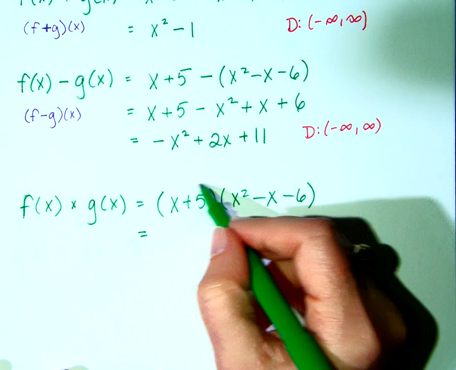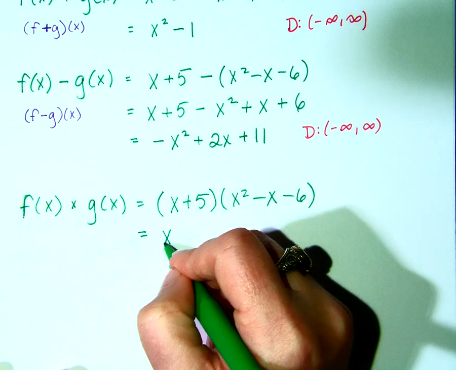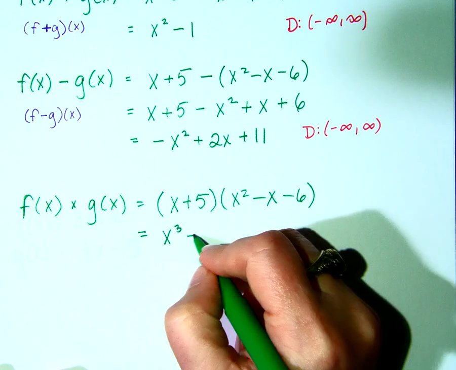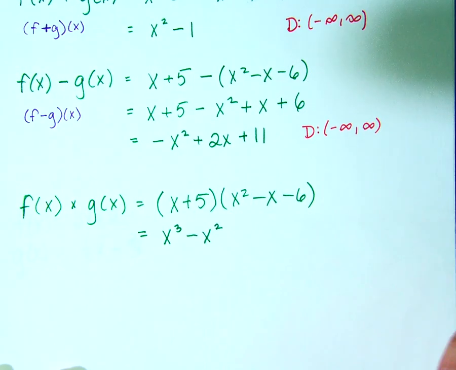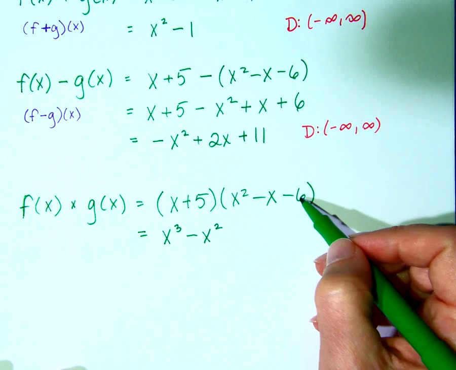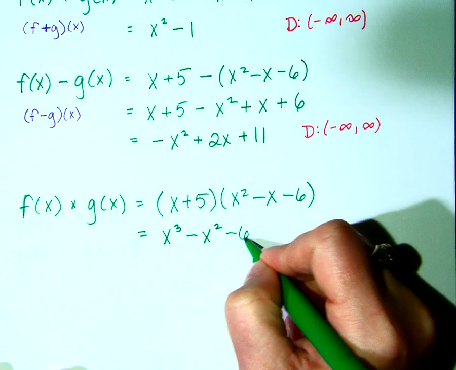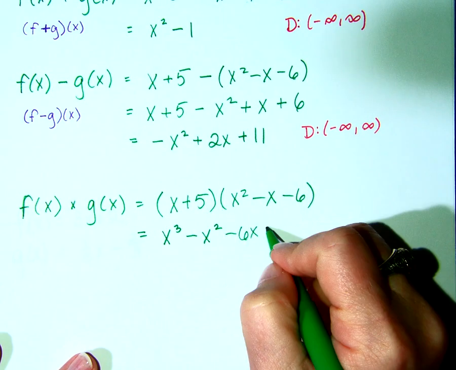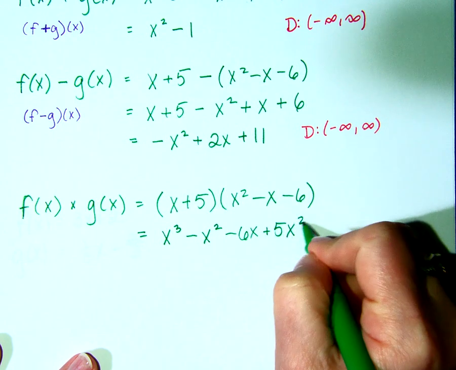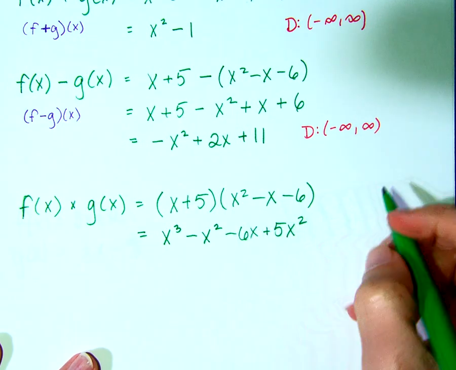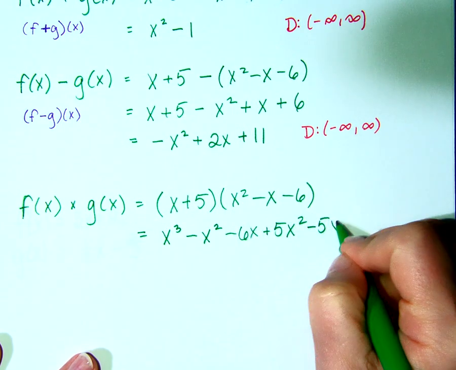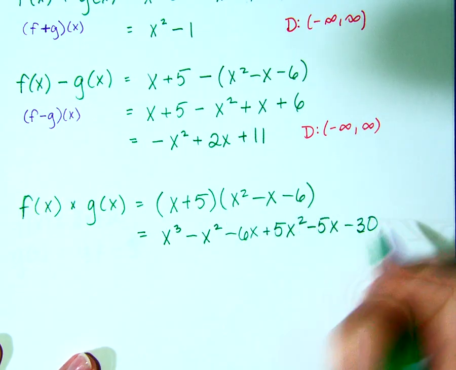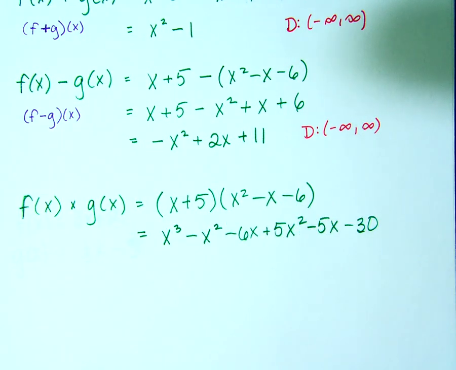Distribute. Excellent. X times x squared, x cubed, x times negative x minus x squared, good. X times negative 6 minus 6x. 5 times x squared, 5 times negative x, and then 5 times negative 6. And now, combine like terms.